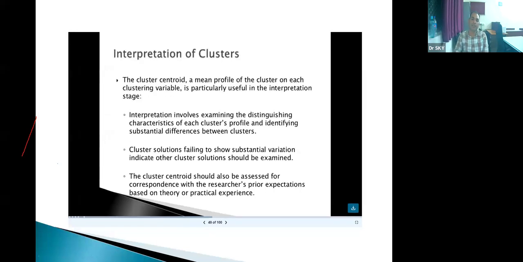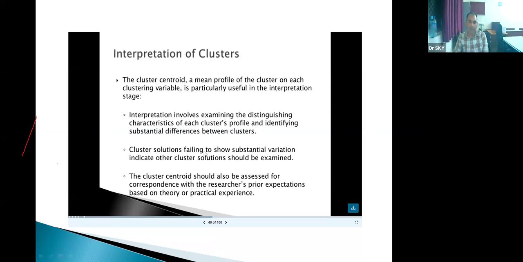Now, how to interpret the clusters? This is very important. The cluster centroid, a mean profile of the cluster on each clustering variable, is particularly useful in the interpretation stage. Interpretation involves examining the distinguishing characteristics of each cluster's profile and identifying substantial differences between clusters. That is, we use the proximity or distance measure.